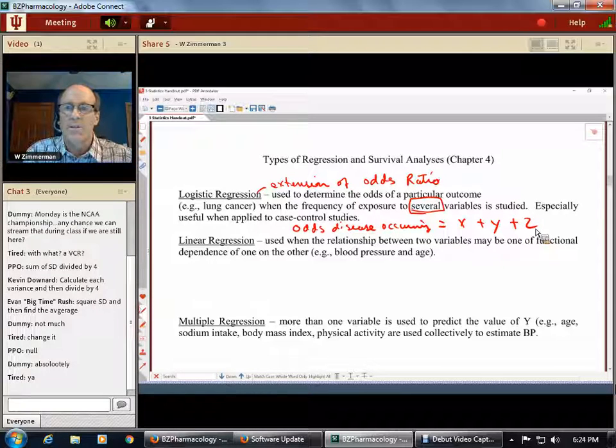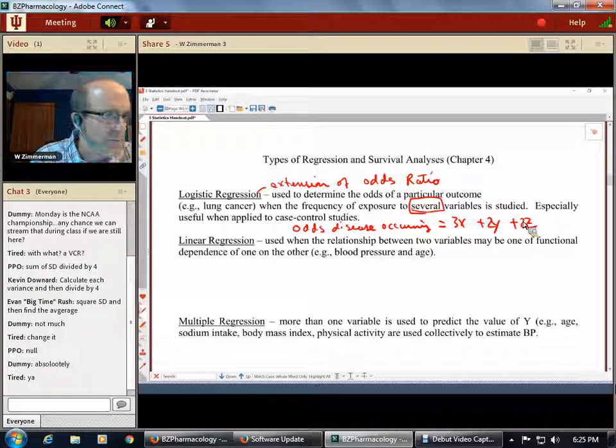And let's say X is a little bit more important than the other variables. It'll have a coefficient of maybe 3, and the other is maybe a 2. So the coefficients will emphasize which of those is most important. But the point is, look, logistic regression is trying to come up with several things, because quite often disease development isn't just one thing. It's more than one thing.